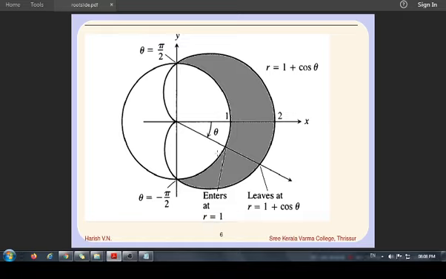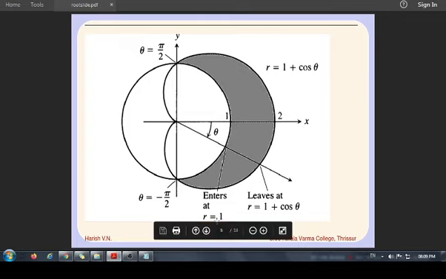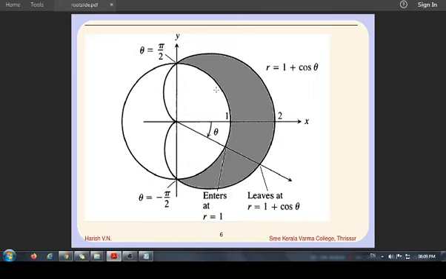And r equal to 1 is a circle centered at the pole with radius equal to 1. It will start from this point and reach back at this point when theta equal to 2 pi. And this is the shaded area which lies in between the circle and the cardioid.